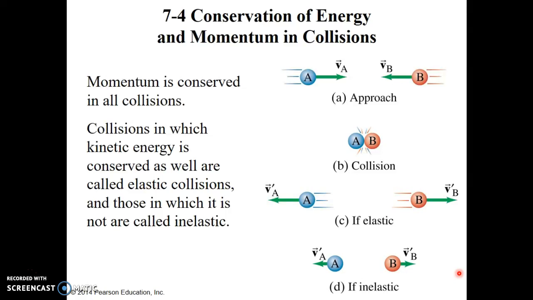Another good example is when you have two cars that hit each other, a lot of the energy in those cars, in fact the majority of it, is put into misshaping the car, crumpling up the front end of the cars. That energy is then expelled, which means energy is not conserved. It becomes an inelastic collision.